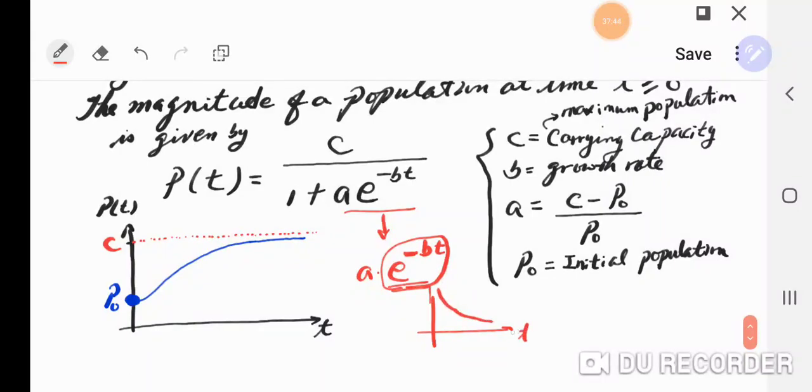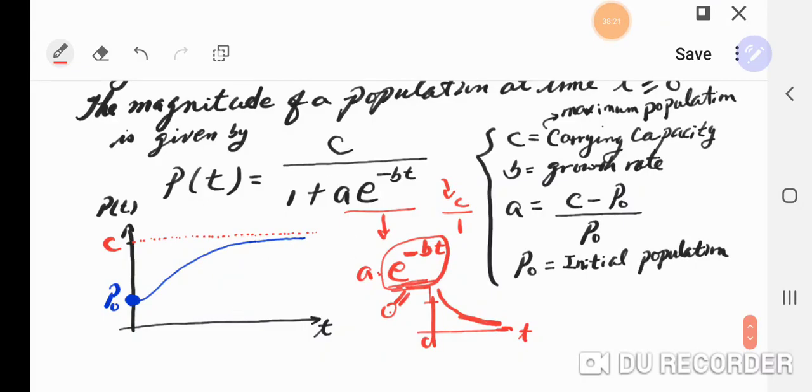As time increases, this value will decrease and get close to 0. So this y value is approaching 0. So A times 0 is 0, so the denominator is 1. So basically this will be C over 1 as time gets larger and larger. So the population will be approaching the value C.